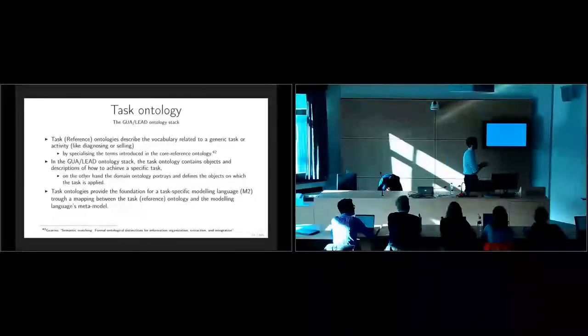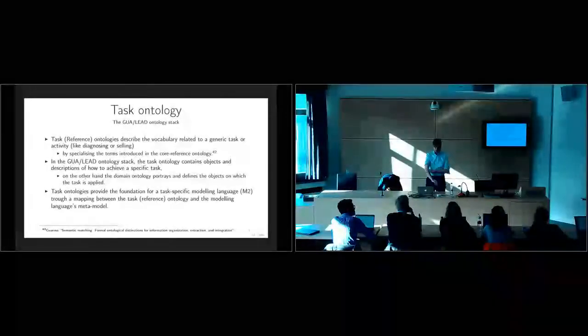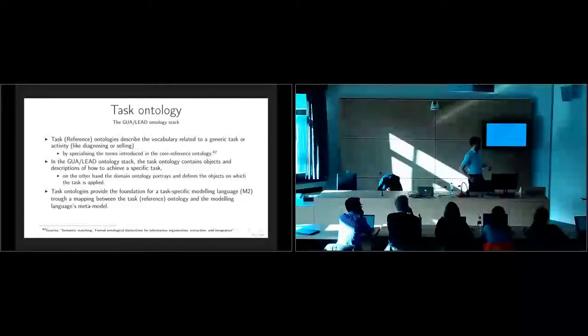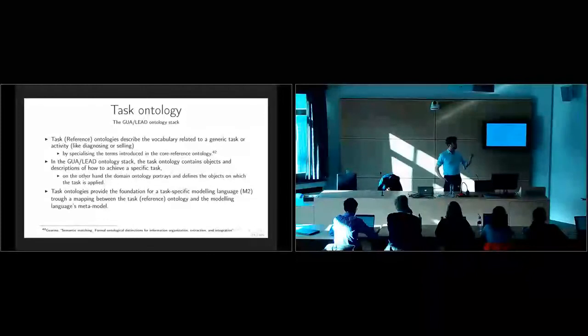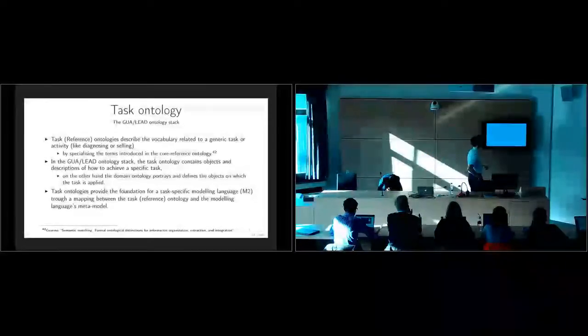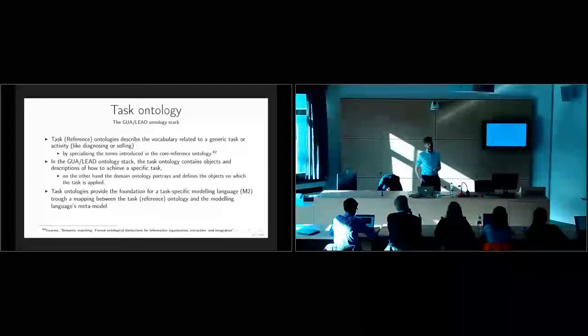Then next to domain ontologies, we have task ontologies. So then this is the dynamic part. Again, we have the same logic. So we have task reference ontologies. Again, the reference part means that they are there to be reused in applications. They describe the vocabulary related to a generic task or activity.